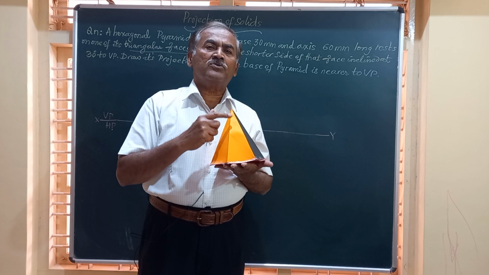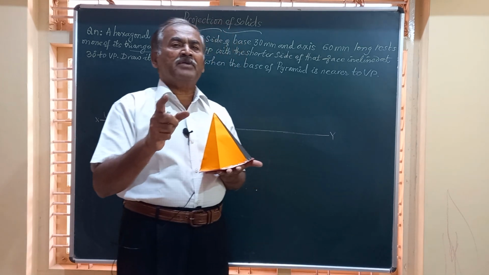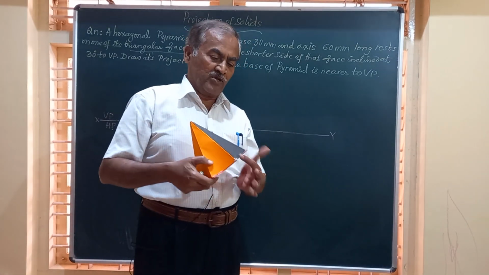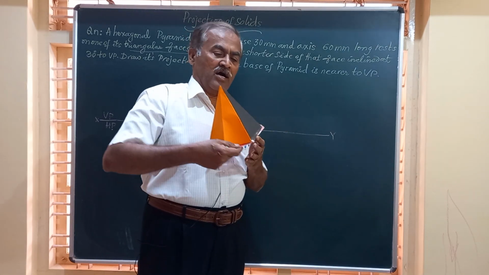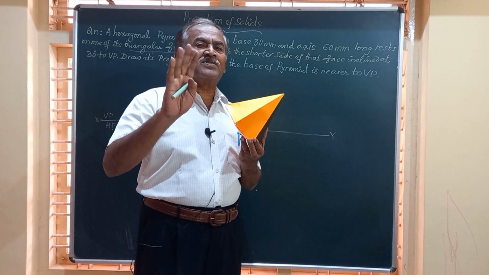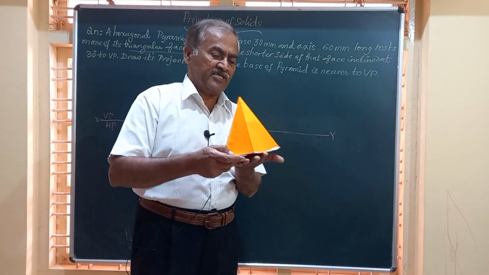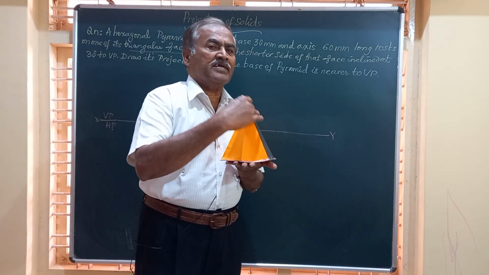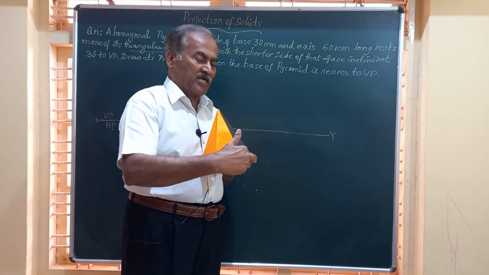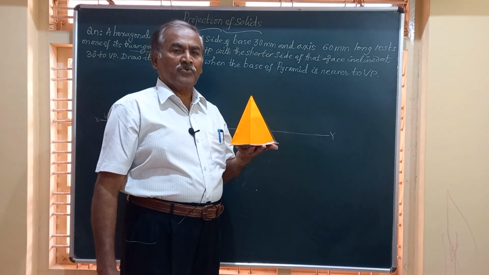Once you read in the question that the pyramid has to rest on one of the triangular faces, or one of the shorter edges of the base, or the triangular surface is inclined to HP, for all these three positions we have to place this pyramid on HP such that one of the triangular faces comes to the right side of the observer, or one of the shorter edges of the base comes to the right side, and that will be perpendicular to VP.